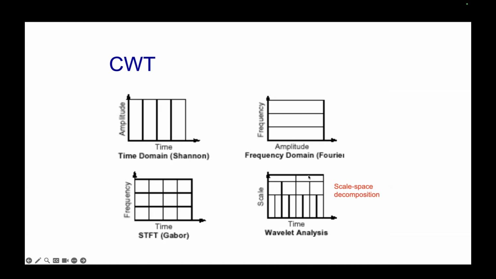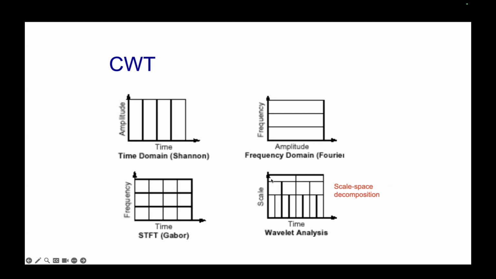So as we can see, the scale is basically representing frequency. For lower frequencies, the frequency resolution is better as compared to higher frequencies. But time resolution is worse for lower frequencies as compared to higher frequencies. So we get good time resolution in higher frequencies, and we get good frequency resolution in lower frequencies.